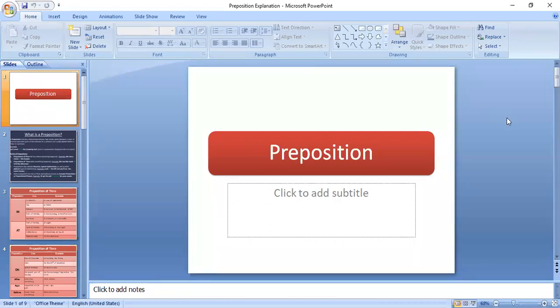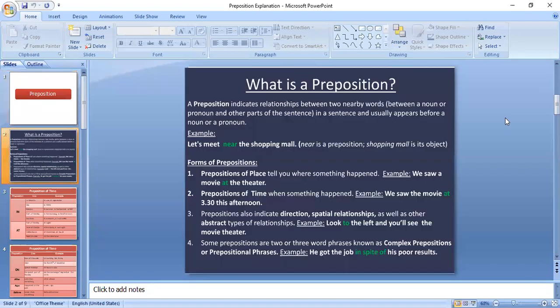So if we talk about the clear definition, a preposition indicates relationships between two nearby words. दो पास वाले words जो हैं उनके बीच में जो relation है that is being given by a preposition between a noun or pronoun and other parts of the sentence.